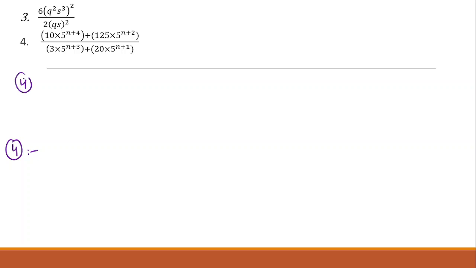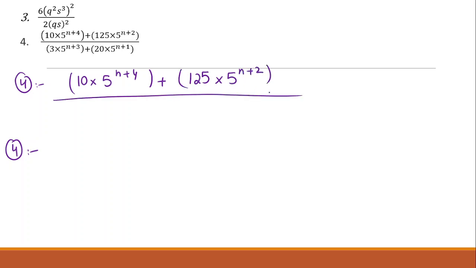In question number 4, there is 10 multiplied by 5 to the power n plus 4, plus 125 multiplied by 5 to the power n plus 2, divided by 3 multiplied by 5 to the power n plus 3 plus 20 multiplied by 5 to the power n plus 1. So this is question number 4.